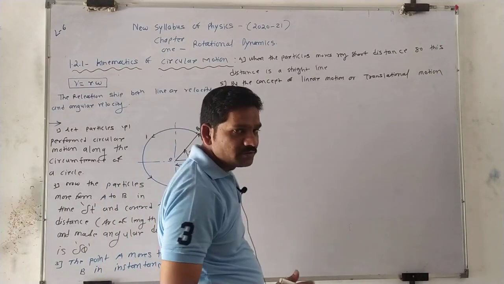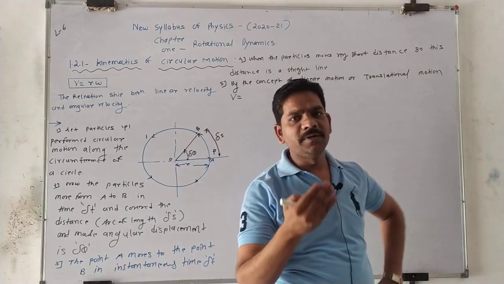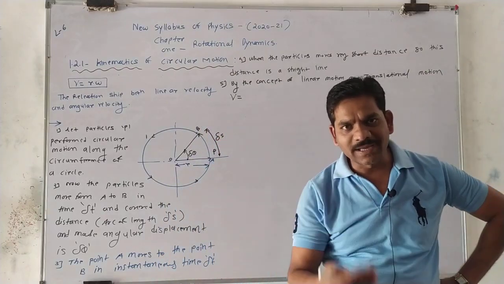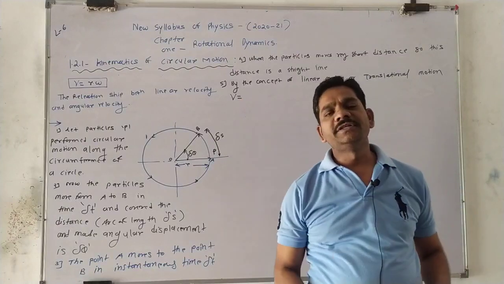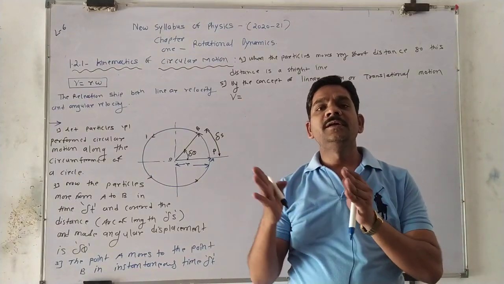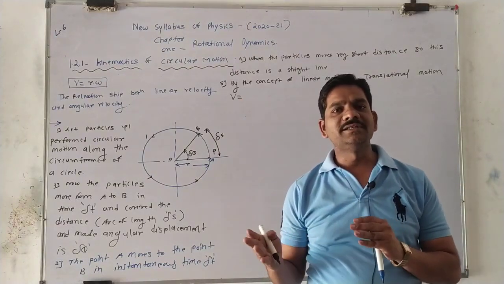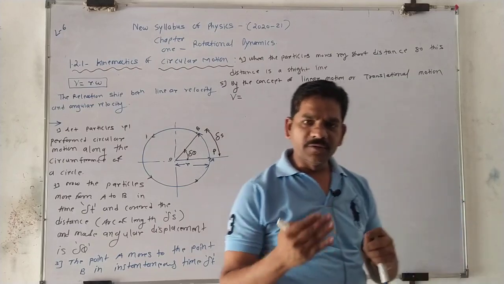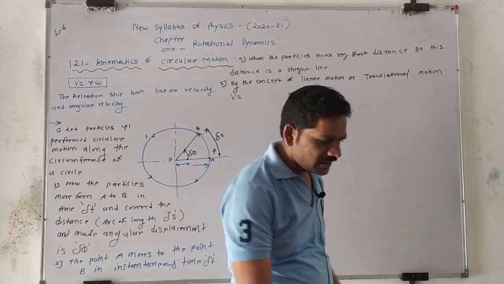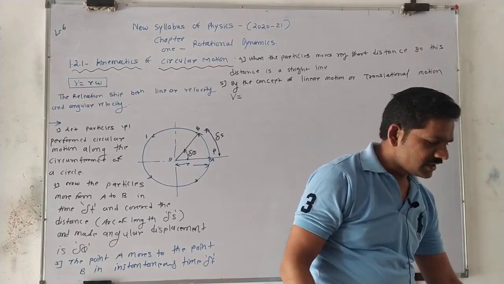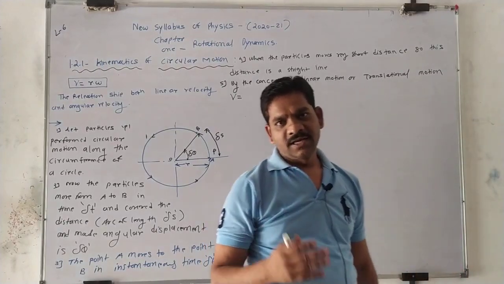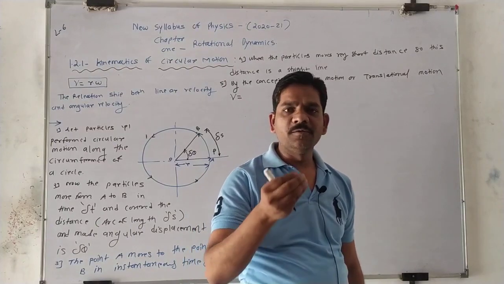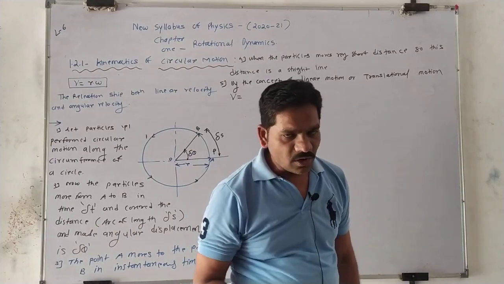What is the definition of velocity? Rate of change of displacement with respect to time is called velocity. This is the concept in linear or translational motion, right? Rate of change of velocity with respect to time is called what? Yes, acceleration. Rate of change of displacement with respect to time is velocity.